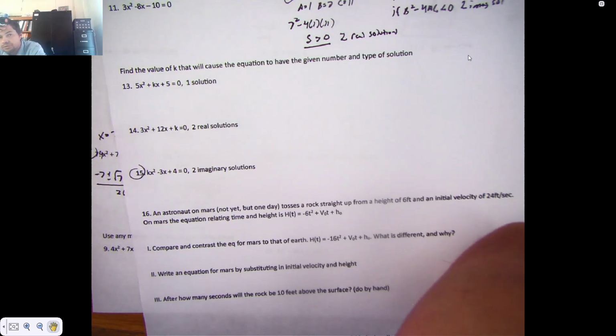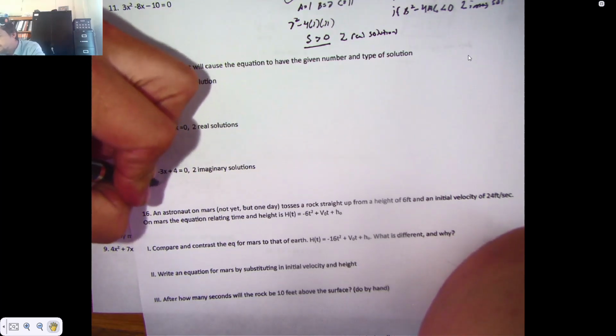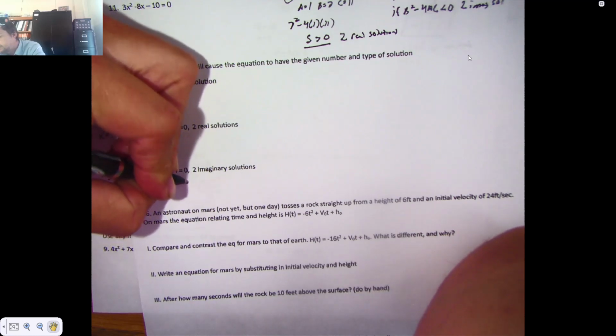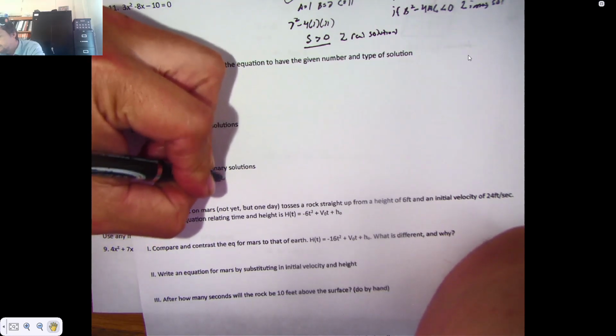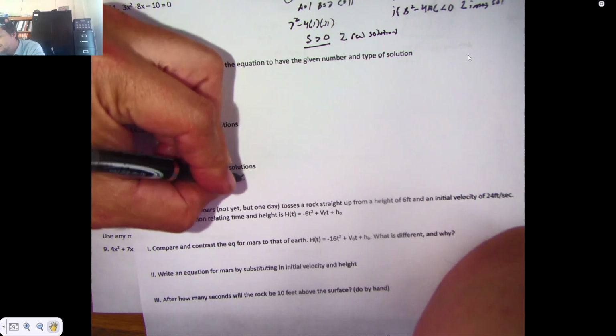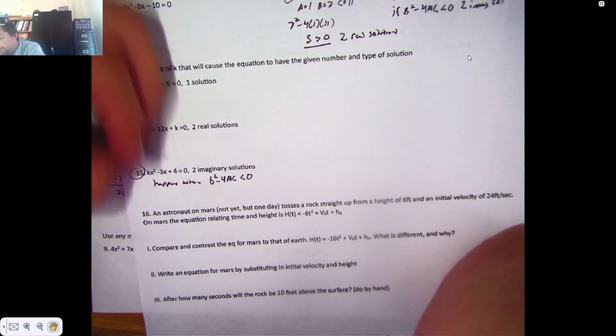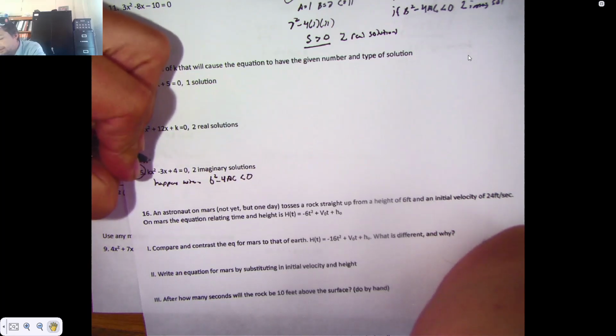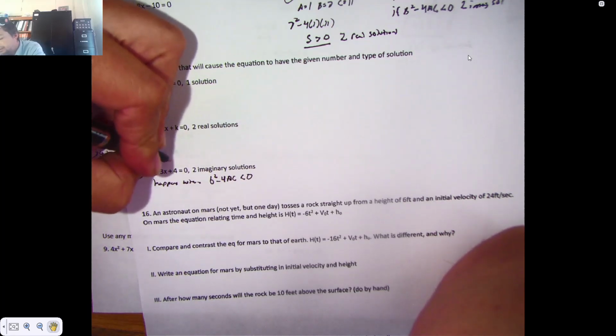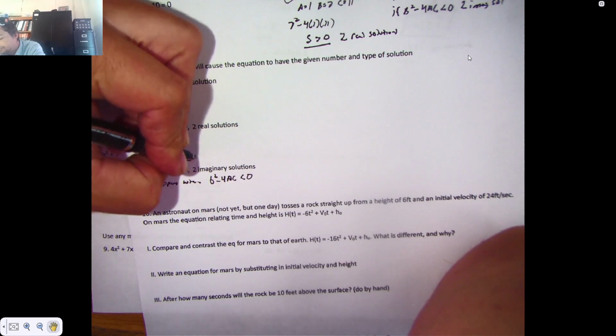Two imaginary solutions. This happens when b squared minus 4ac is less than 0. So, if I look at this thing, a is k, b is negative 3, and c is 4.